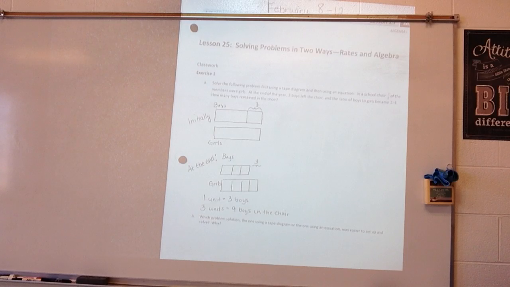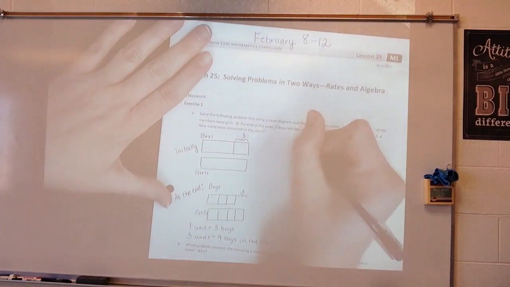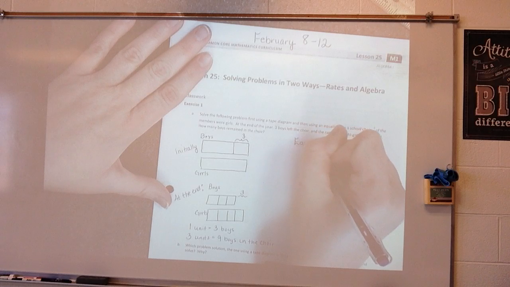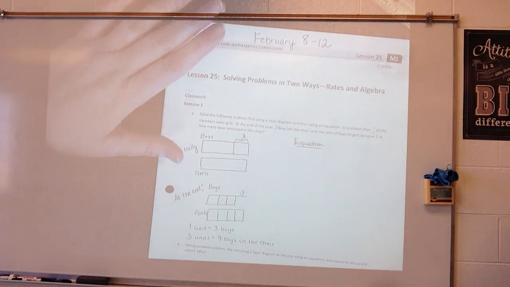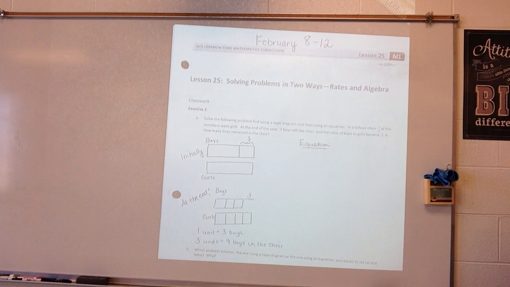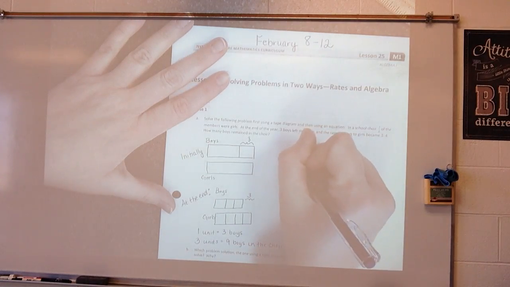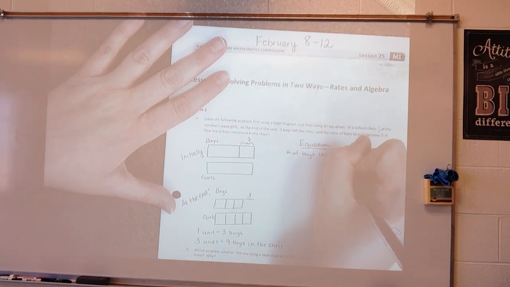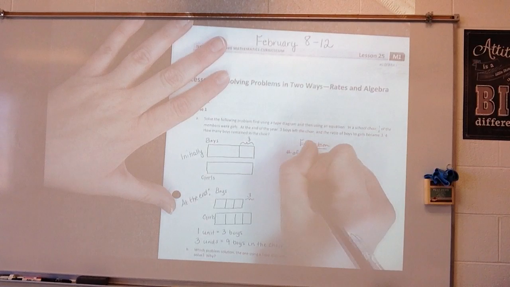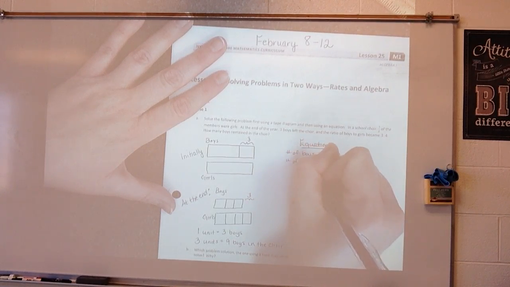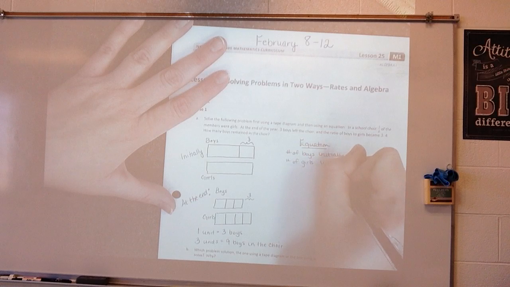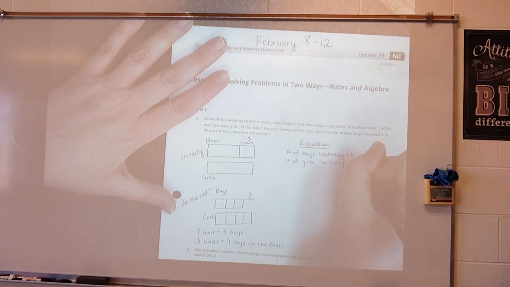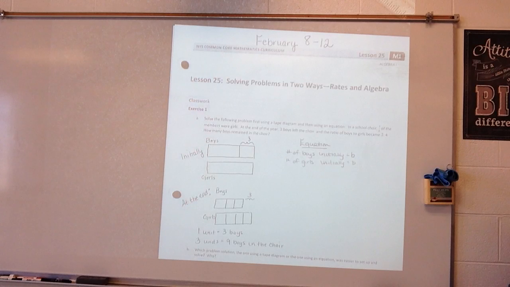Now, it wants us to use an equation. So using an equation, the number of boys initially we'll let be B. And the number of girls initially is also B, because it was the same.